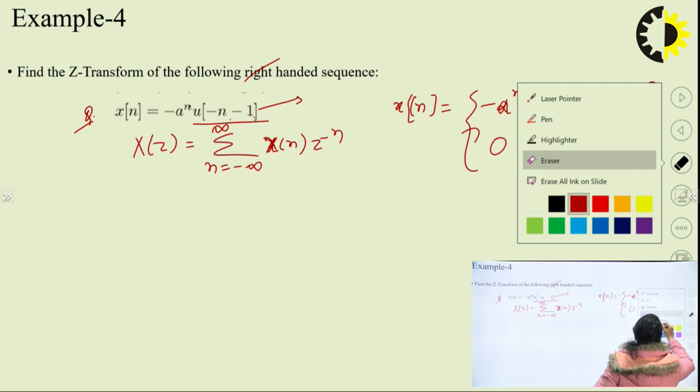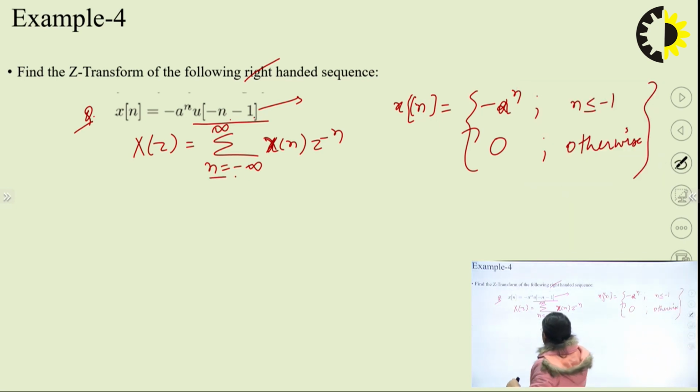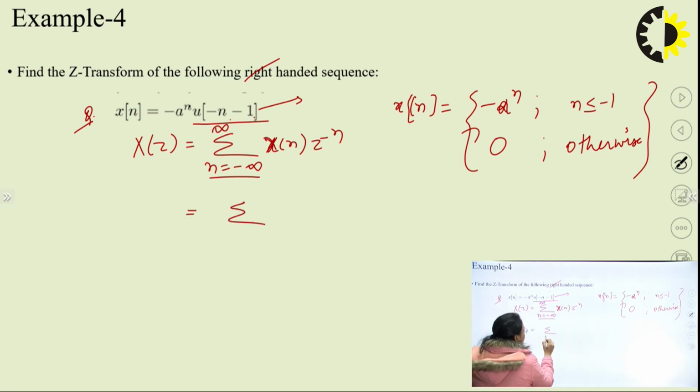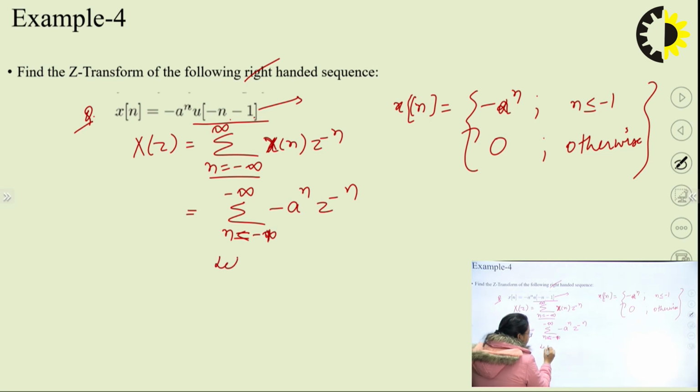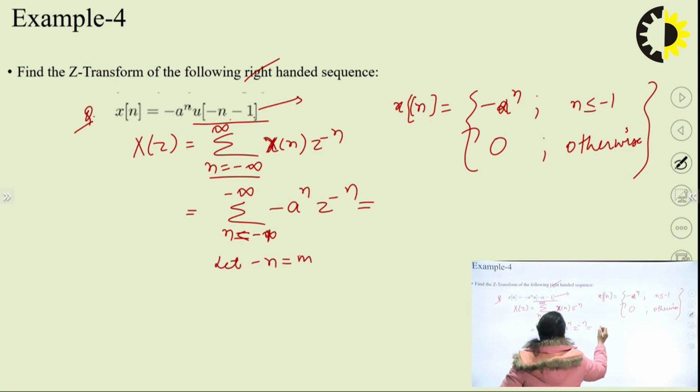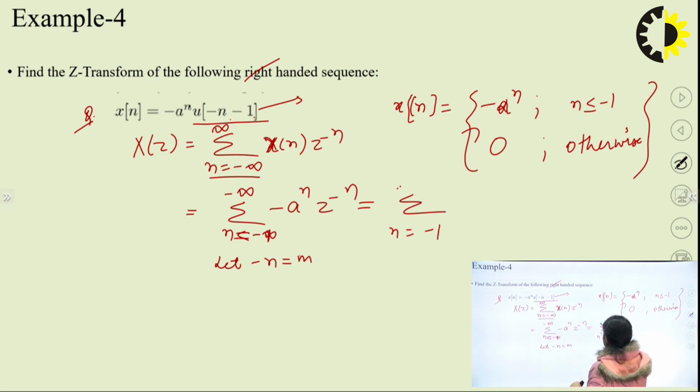Now we can change our limit from -infinity to infinity to the summation for n from -1 down to -infinity, and the value is -a^n z^-n.